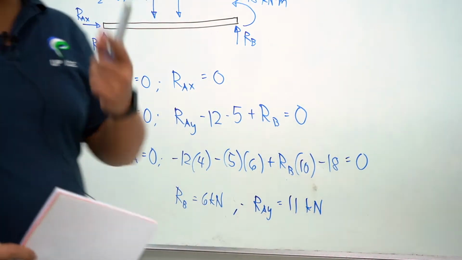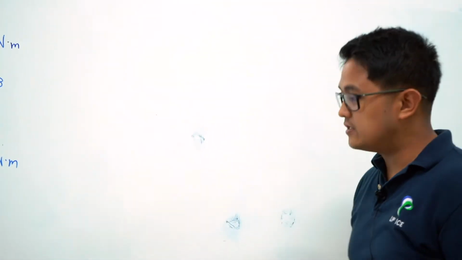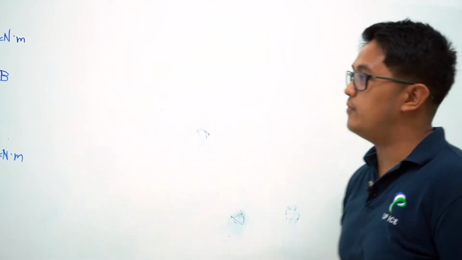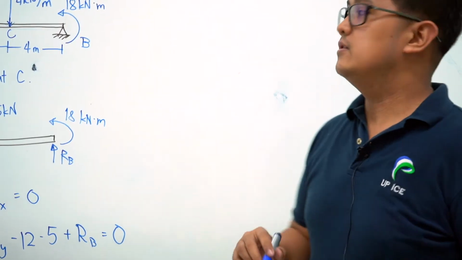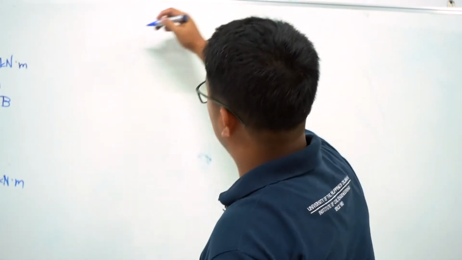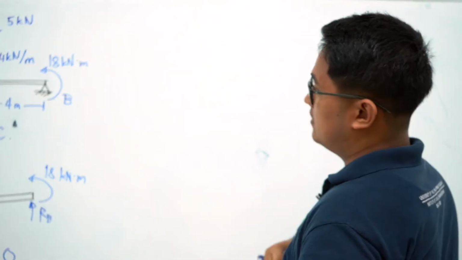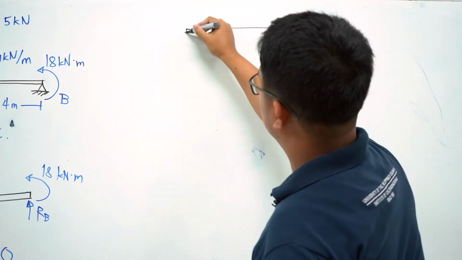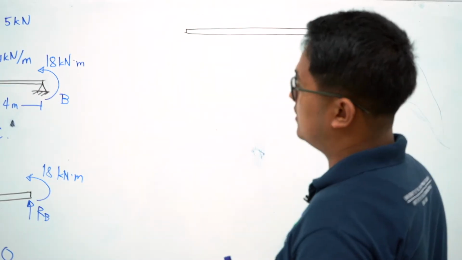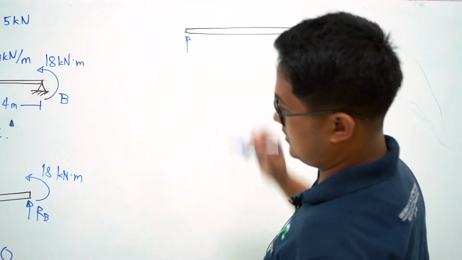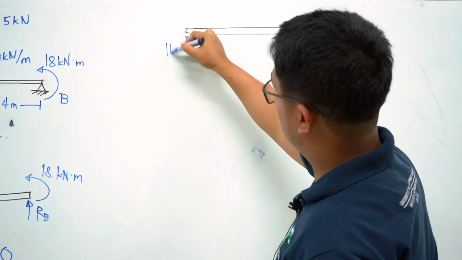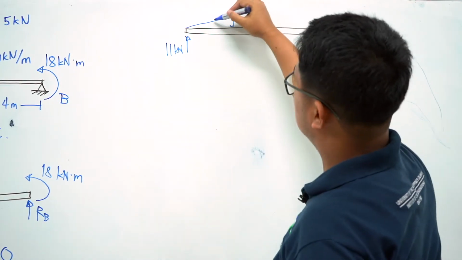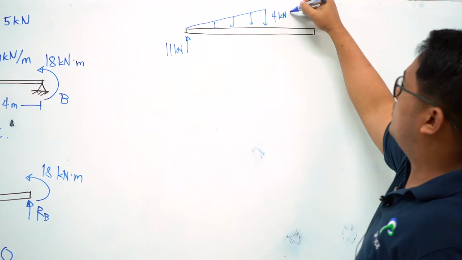So once we've solved for the support reactions, we can now draw the moment diagram by parts of our beam. So say this is our beam. And here are the loads. This is 11 kilonewtons. Then we have the triangular load, 4 kilonewton per meter.